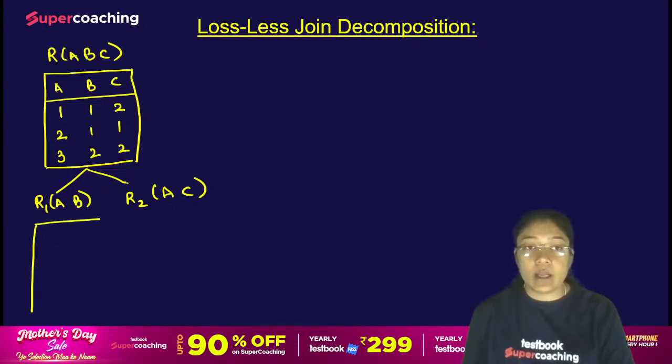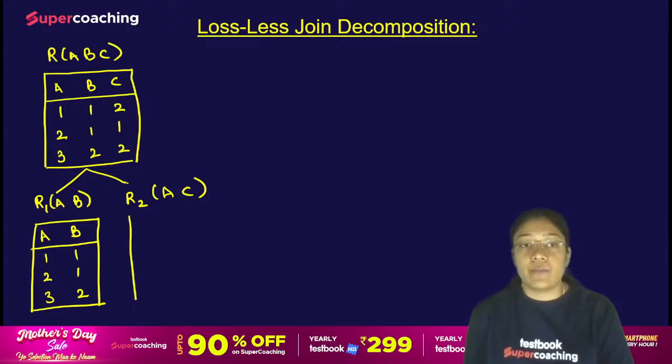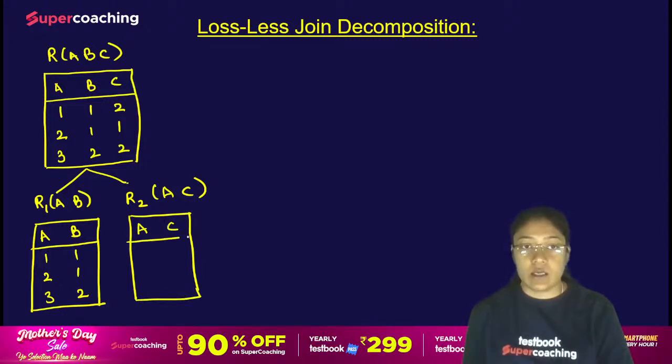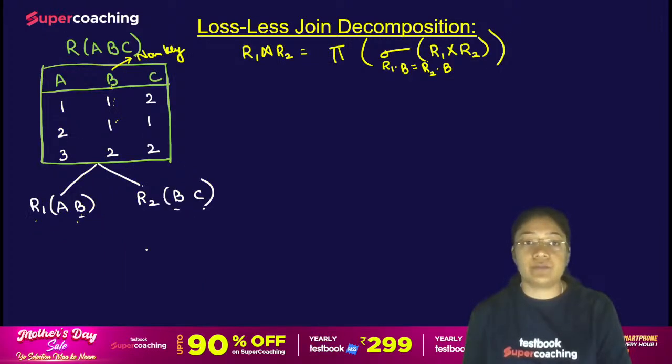So here we'll be having the data for R1: 1, 2, 3, 1, 1, 2. In R2, we have two attributes, A and C. Data is 1, 2, 3, 2, 1, 2. Here we have the data. Are you all getting this point?